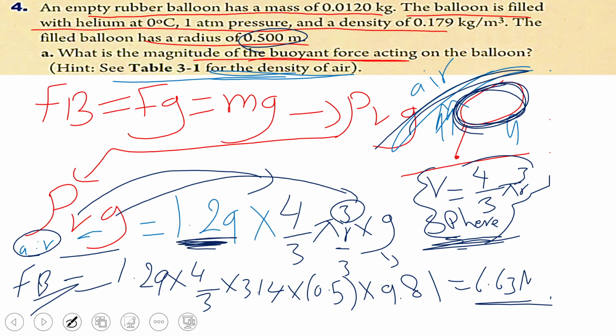So we have to write the density of the air because the balloon is in the air, 1.29 times V. We have 4/3 pi r power 3 because the balloon shape is like a sphere, so we have to add this rule, 4/3 pi r power 3 times g. Okay. Bring down all the numbers, and pi becomes 3.14. The radius is 0.5 to the power 3 times g is 9.81. Multiply all and it becomes 6.63.